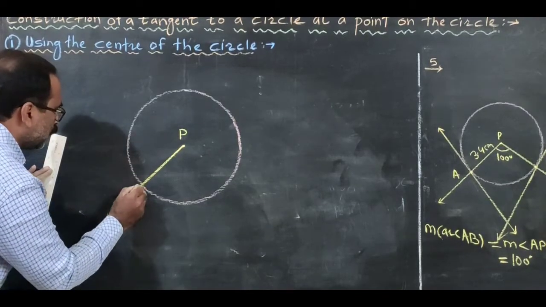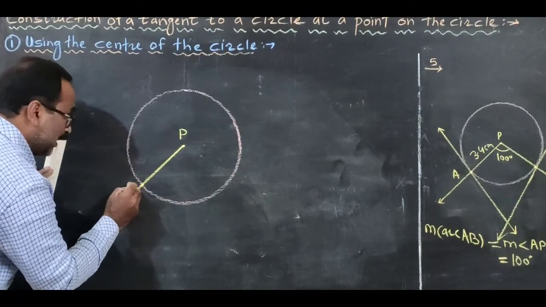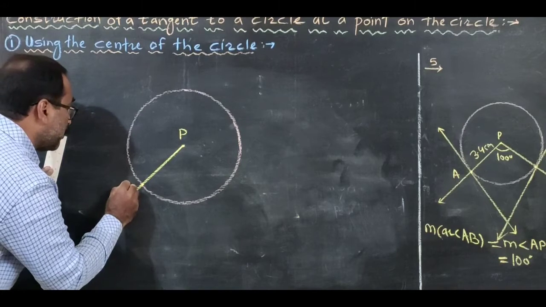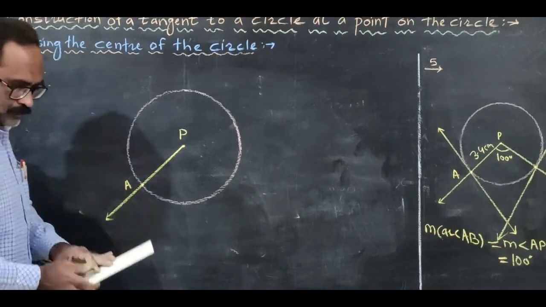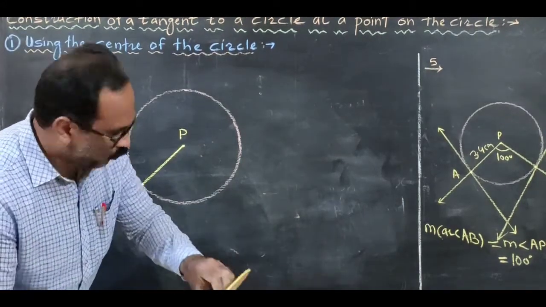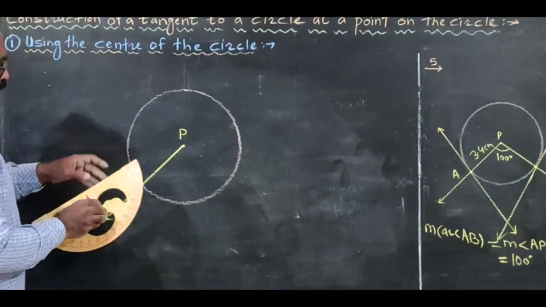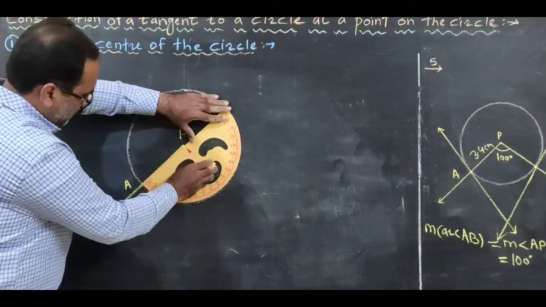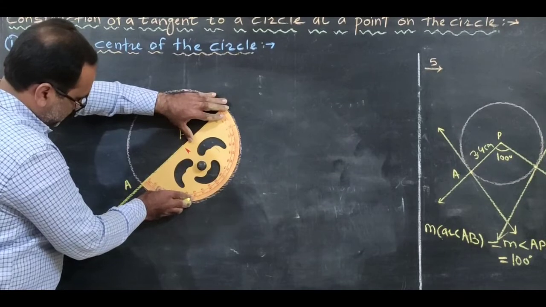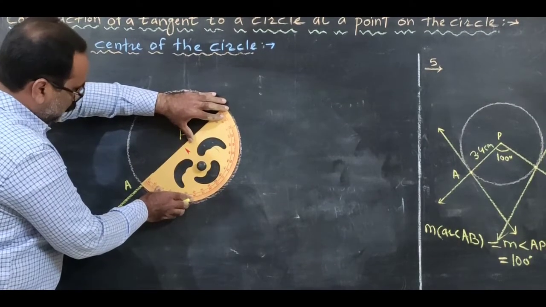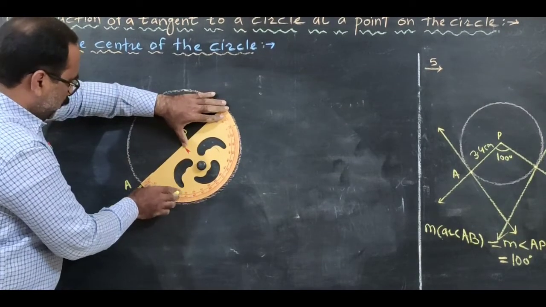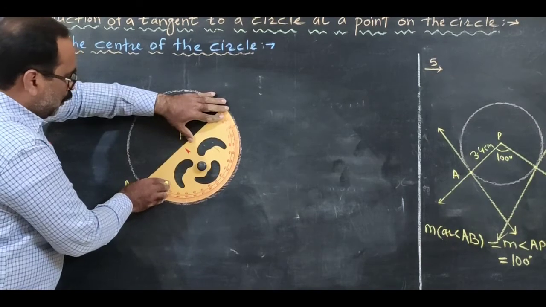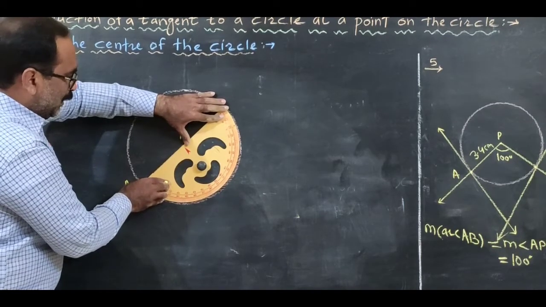We draw here one arm of the center angle, AP. Now we put the protractor at point P and we draw an angle of measure 100 degree.